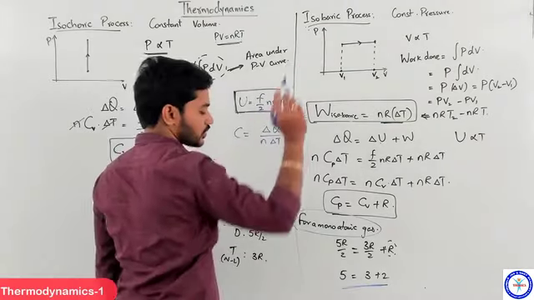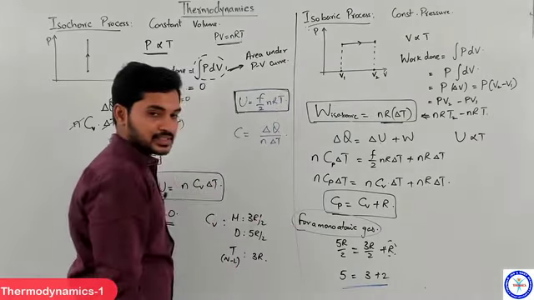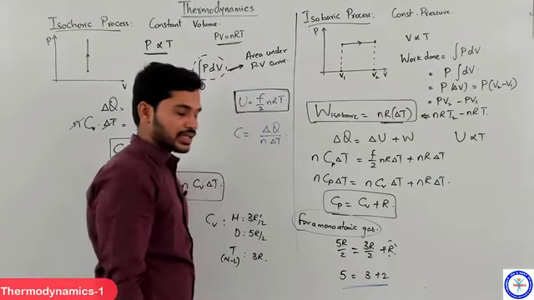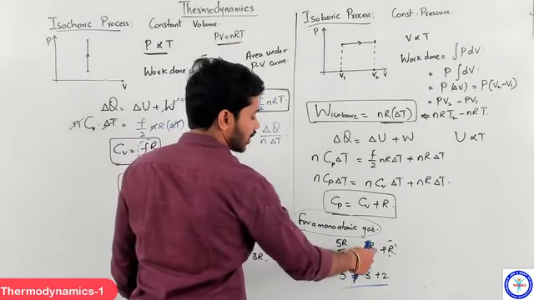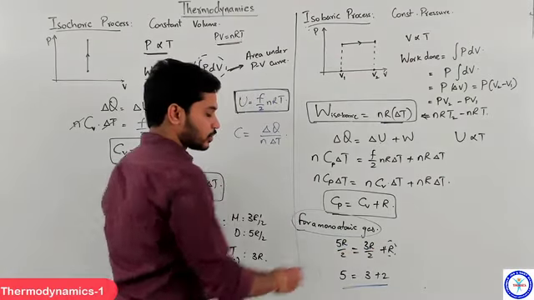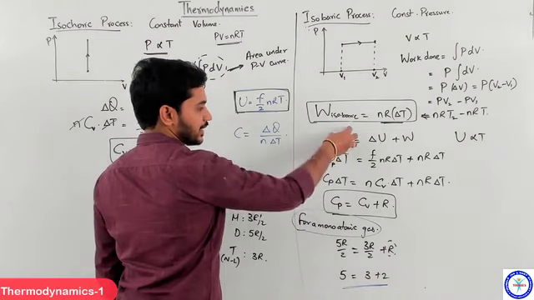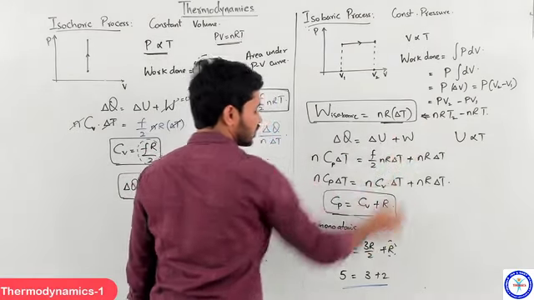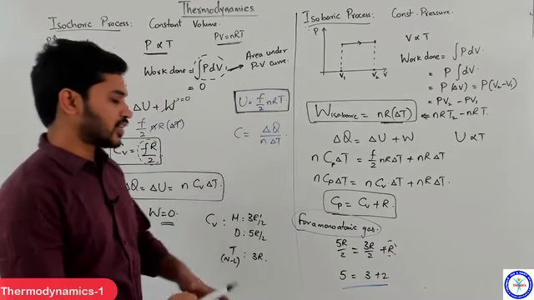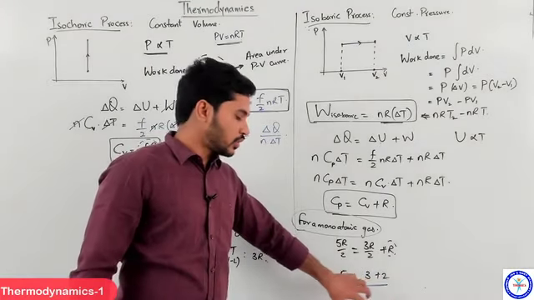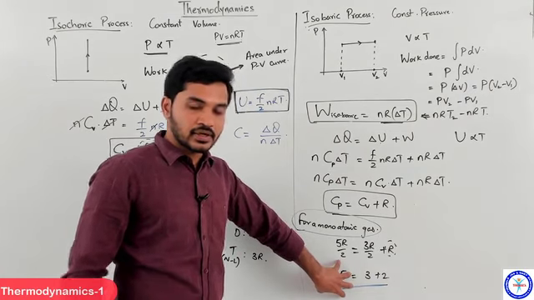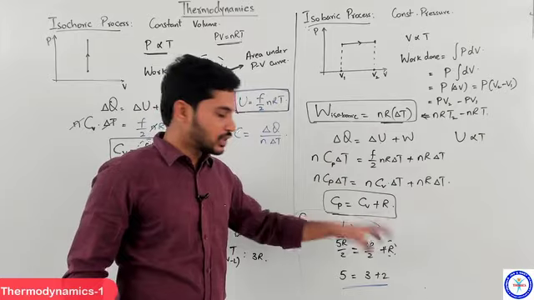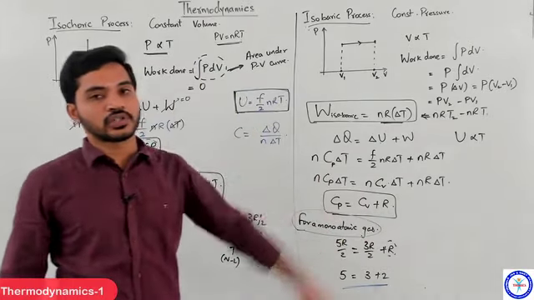So for an isobaric process, if a monoatomic gas is considered, we get 5 is equal to 3 plus 2 eventually, or 5R by 2 is equal to 3R by 2 plus R. And as I told you, this indicates delta Q, this indicates delta U, and this indicates work done. So because they are in the ratio of 5 is to 3 is to 2, 5 parts of heat supplied will be utilized as 3 parts of increase in internal energy and 2 parts of work done on the surroundings.